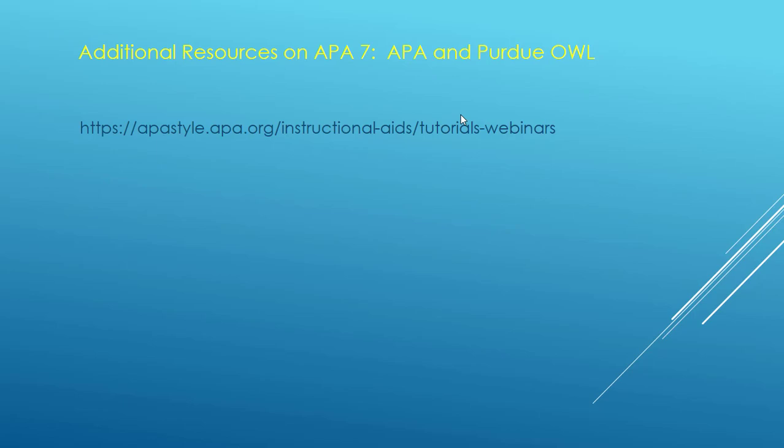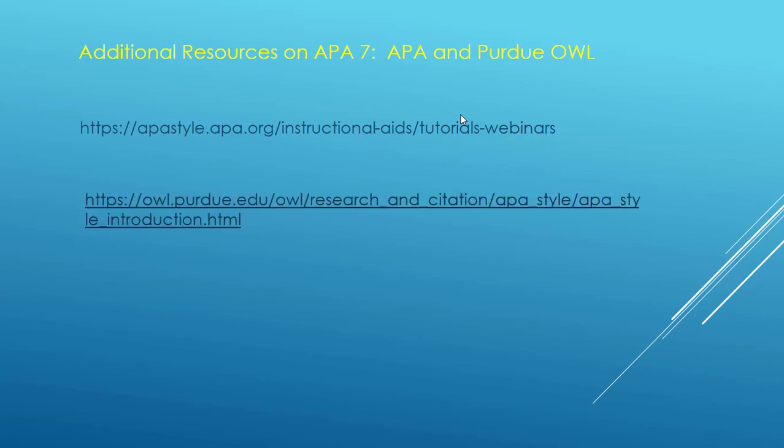So those are generally fairly short, and again, they are available through APA's site. And then, of course, we frequently refer students to Purdue OWL, such as I mentioned at the beginning of this presentation. And Purdue has a lot of resources available.